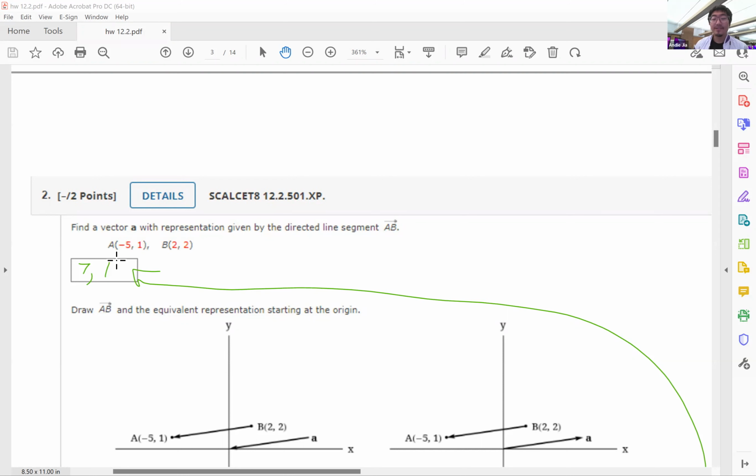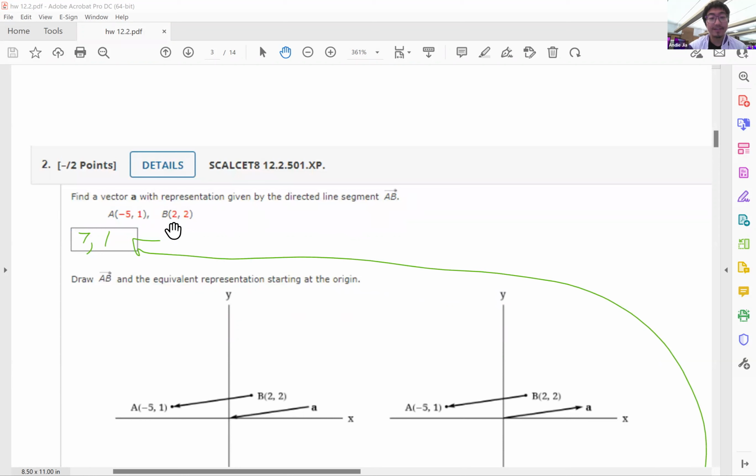Now we are just going to do the operation because A is a vector represented by the segment. We just do some movements like 2 minus -5, 7 is the x coordinate, and then 2 minus 1 is 1.